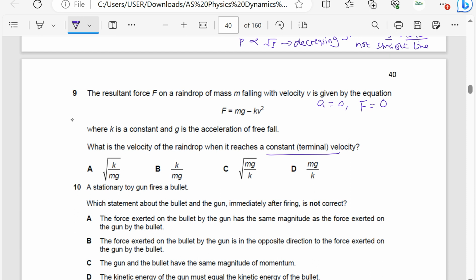Before it reaches a constant terminal velocity, the resultant force is given by ma, which is equal to mg minus kv squared.